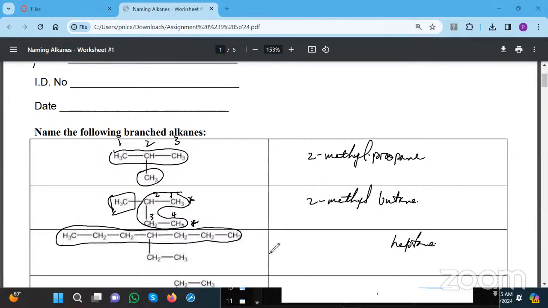Because it doesn't matter if you start counting from here or here, this carbon is going to be number 4 anyway, which has a branch, right? So I could do this, right? And based on that numbering system, this group, what's the name of this group? The C2H3, what's the name of that group? Right, so it's 4-ethylheptane. That's the full name of that compound.